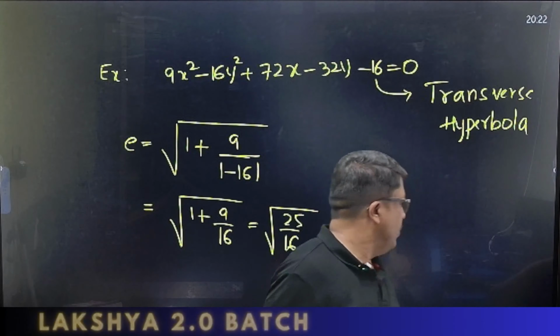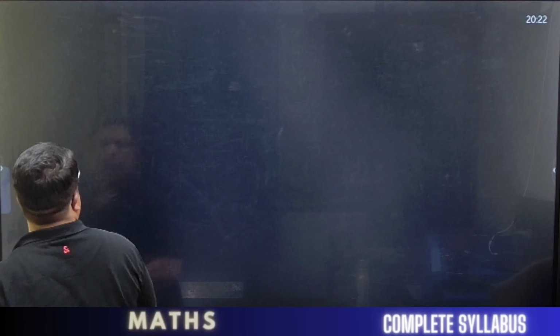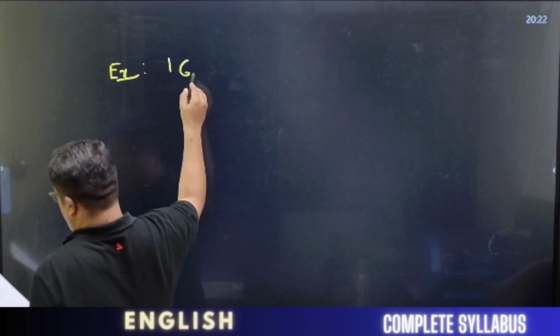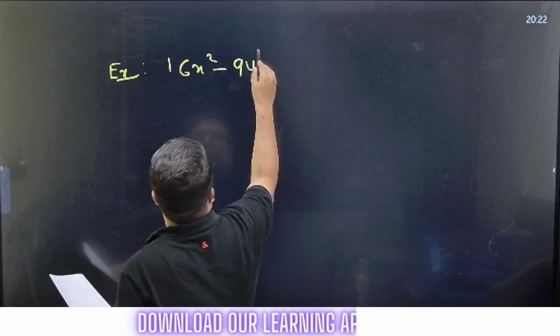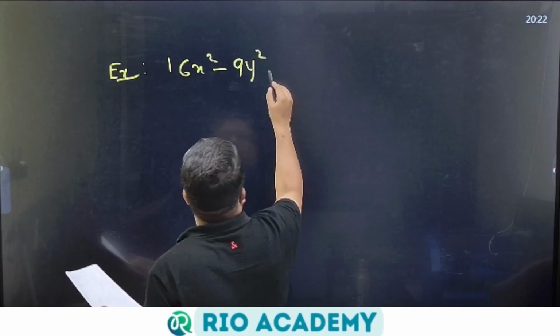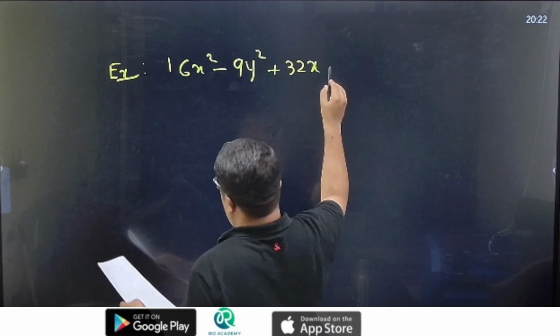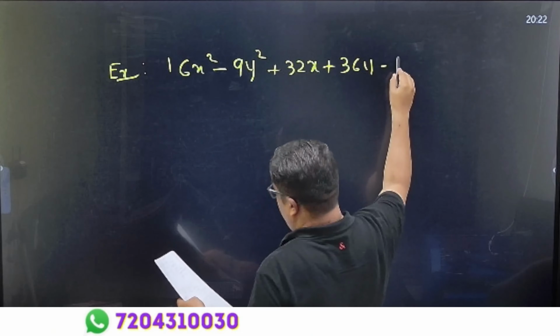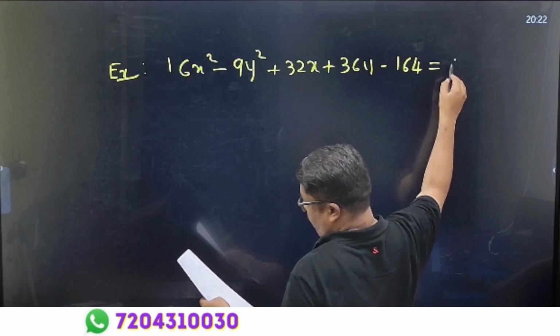So I will take one more example. 16 x square minus 9y square plus 32x plus 36y minus 164 equal to 0.